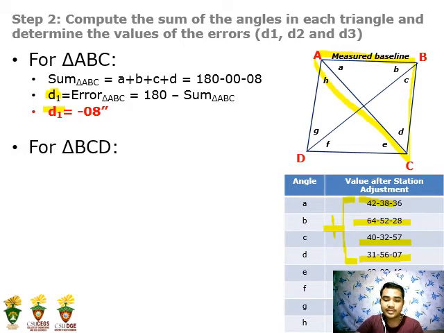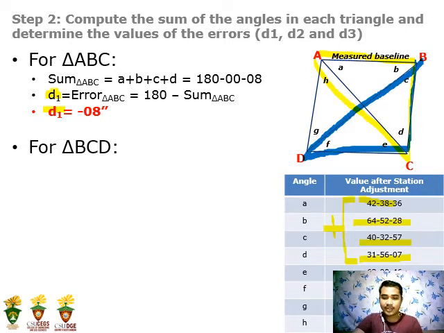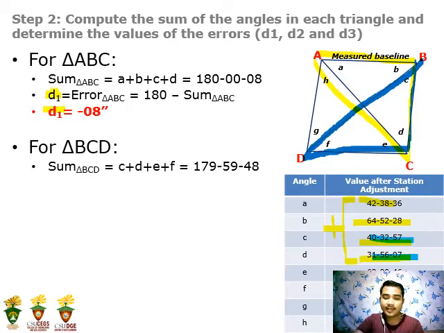Next, we're going to consider the triangle BCD. From the figure, the angles in triangle BCD are C, D, E, and F. When we sum them, we get 179 degrees, 59 minutes, 48 seconds. Next we get the error, which is 180 minus the sum of the interior angles of BCD.